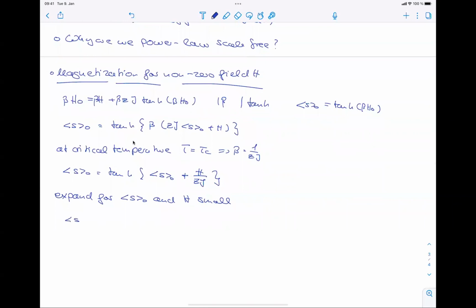And then we find for the right-hand side the following terms.